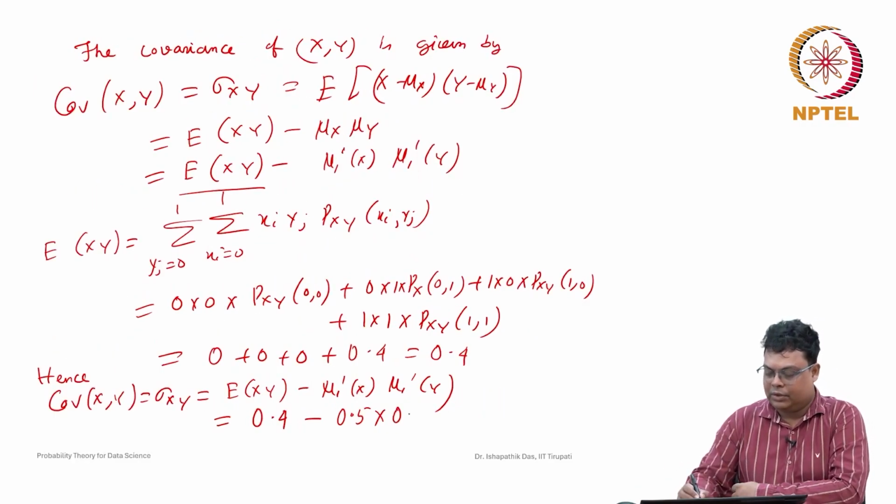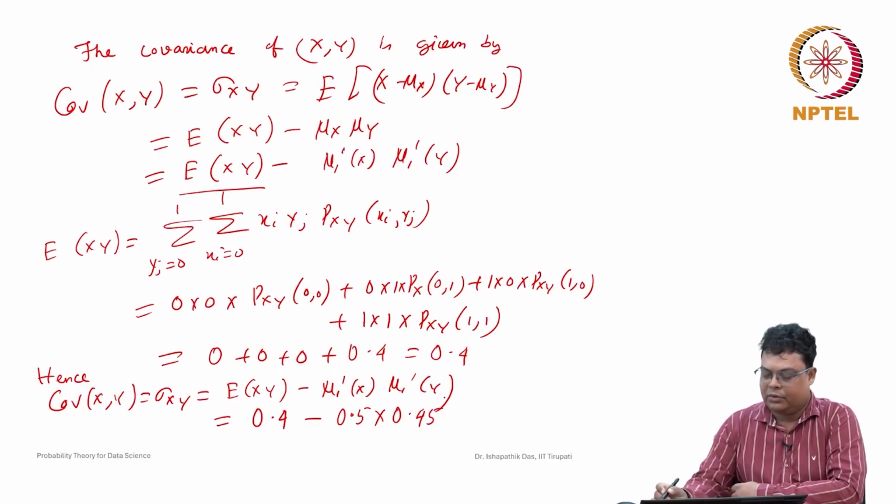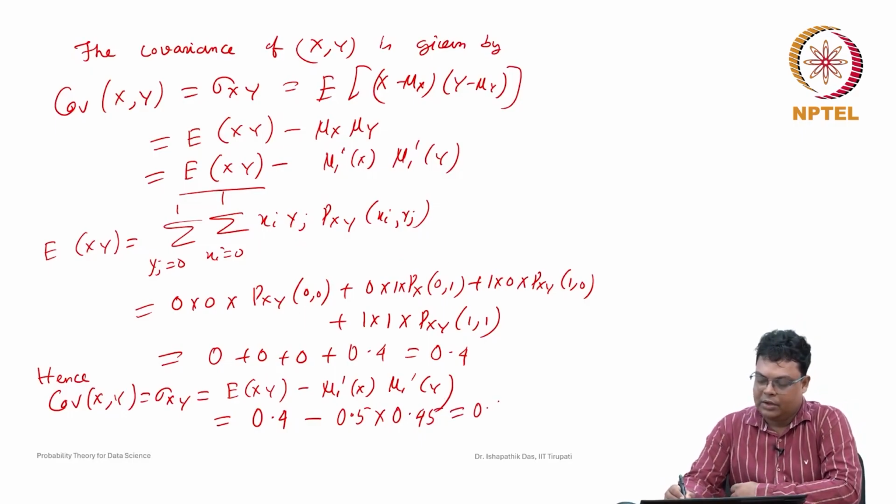So this is 0.45. Then you just have to compute it: 0.4 minus, it looks like 0.225.